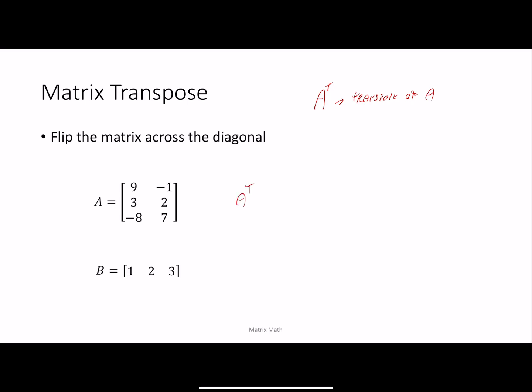A transpose will be equal to, now everything that was a column becomes a row and vice versa, so we can write this row by row: 9, 3, minus 8, and minus 1, 2, and 7. And this has become our transpose. So if we have B to be this row vector, then B transpose would be 1, 2, 3.